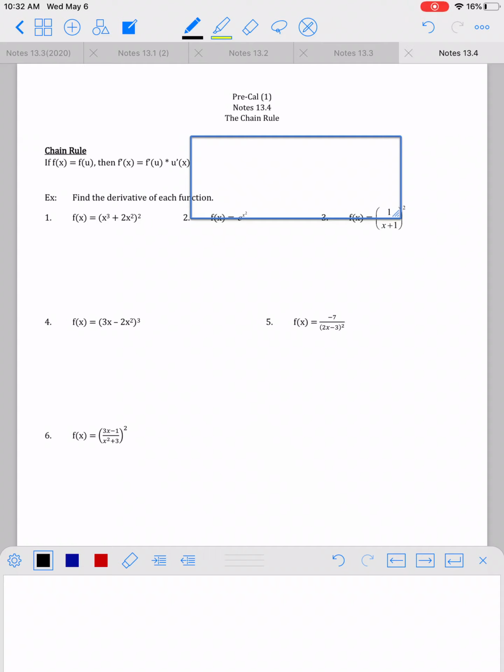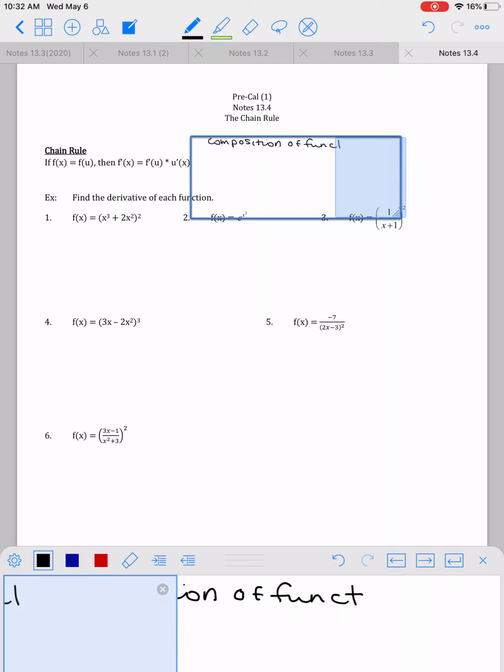This lesson is on the chain rule, and the chain rule is where we're going to be taking the derivative of a composition, which means when we have a composition of functions, we have an inside and an outside function.